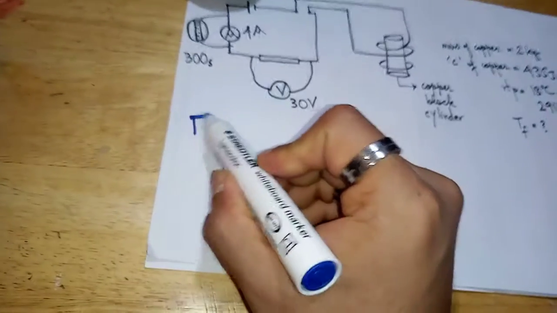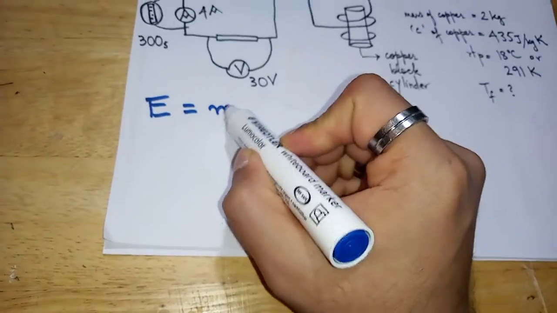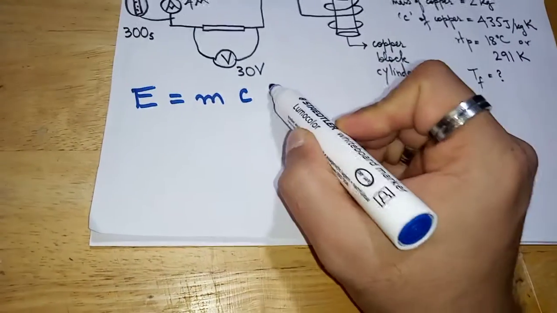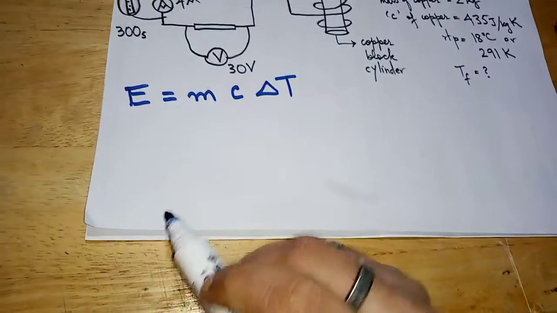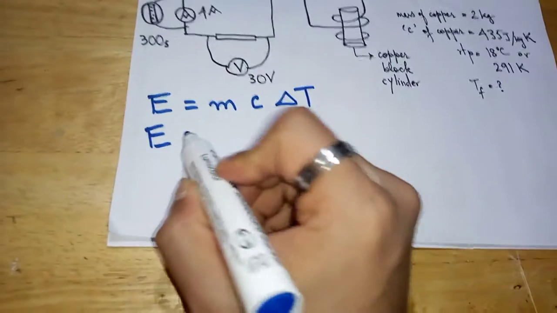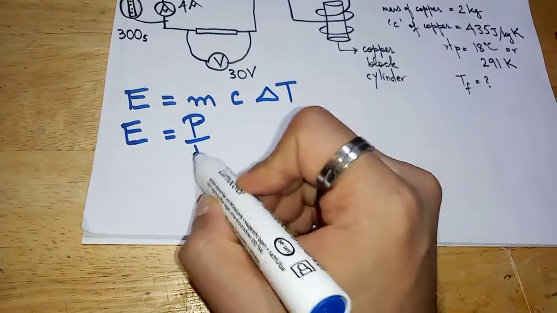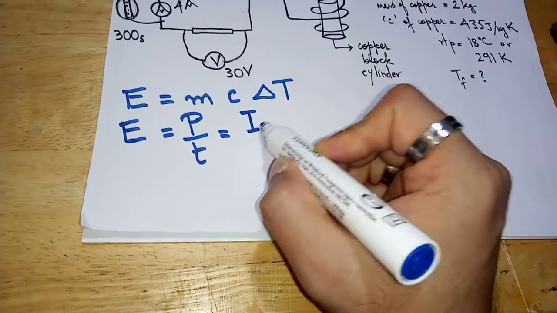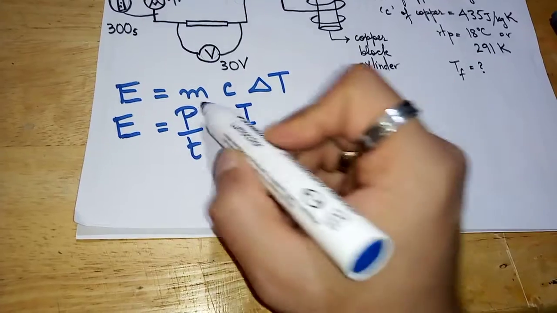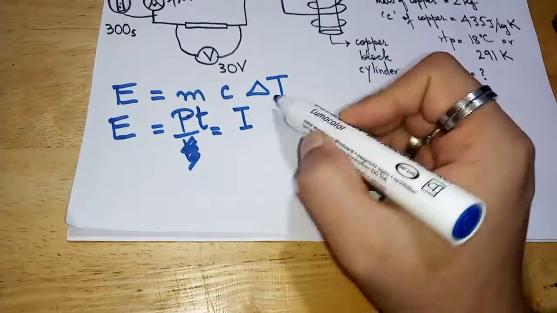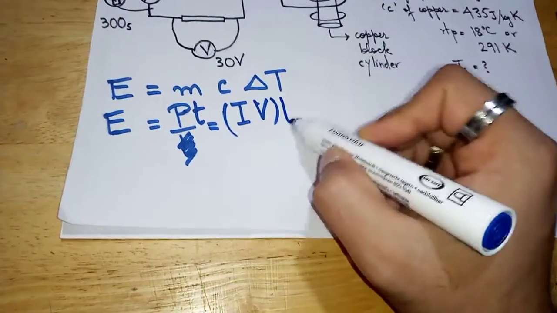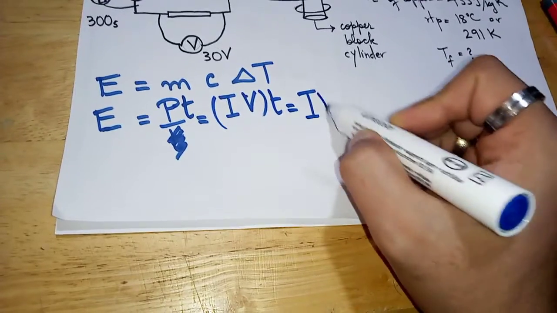So we all know the famous E equals mc delta T. But in this case, we also have to consider E equals PT, which is IV times T, which is IVT.